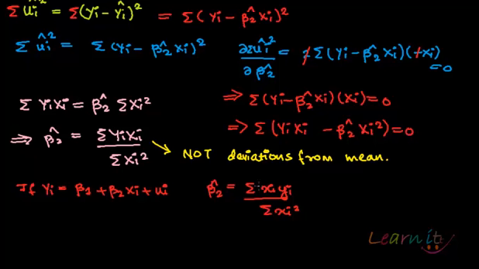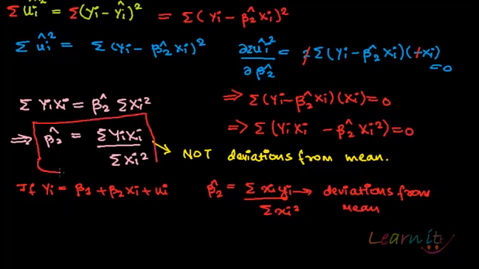Note that these are lowercase letters and these are uppercase letters. The lowercase letters show deviations from mean. Clear? So what you have to do is remember this term, which is beta 2 hat is equal to summation of yi xi upon summation of xi square. This is what you have to understand.